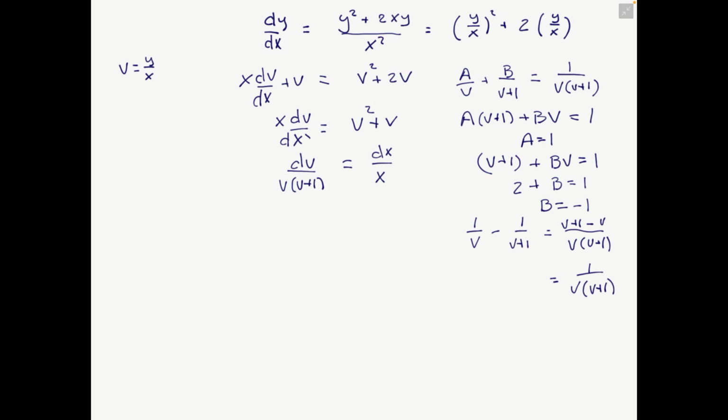So we now have the differential equation dv over v minus dv over v plus 1 is equal to dx over x. Now if we do the integrations, we have a simple integration. We get ln v minus ln v plus 1 equals ln x plus c.